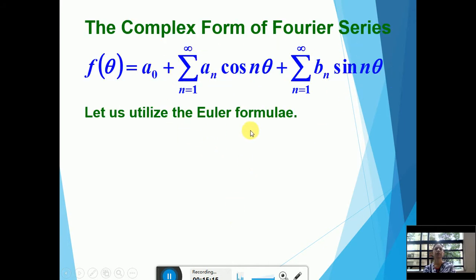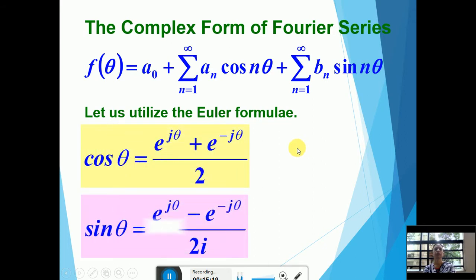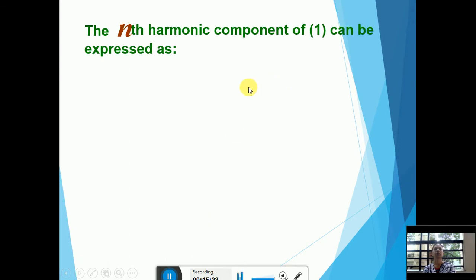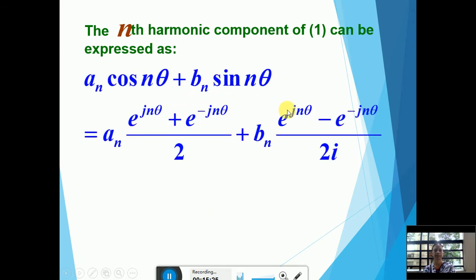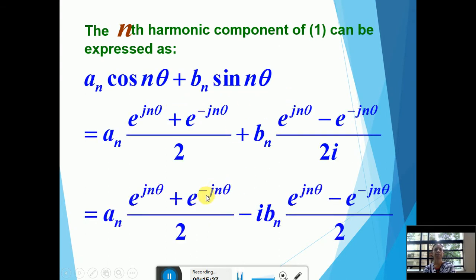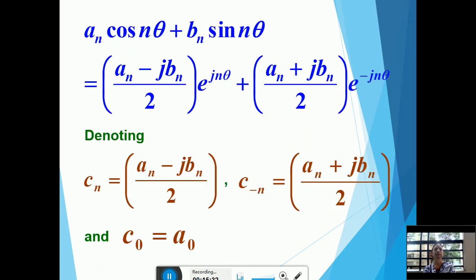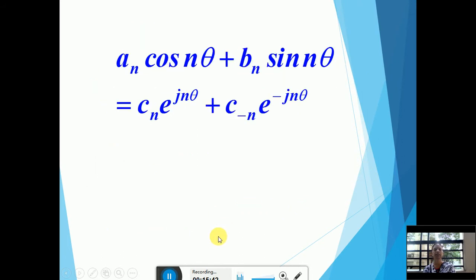The complex form of the Fourier series is given like this. So, by using the formula for cos theta and sin theta, the nth harmonic can be expressed as this, which can be given by this, right? Combining the cos n theta terms and denoting Cn by this and C minus n by this, C0 is equal to A0.